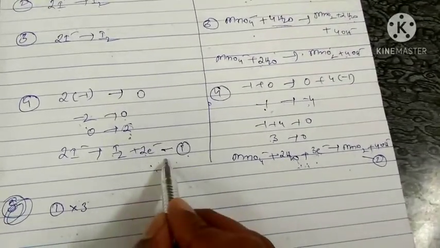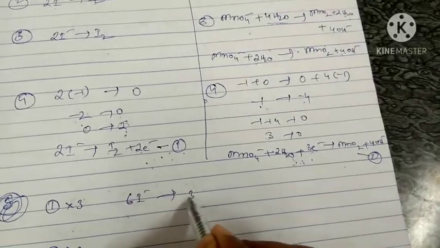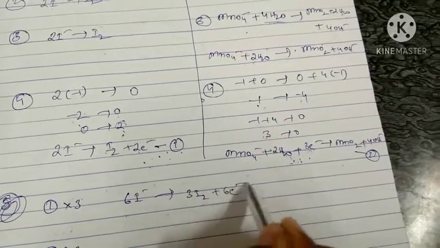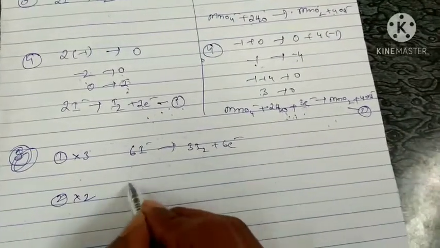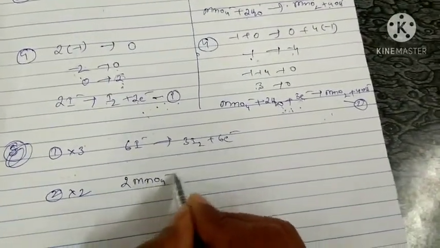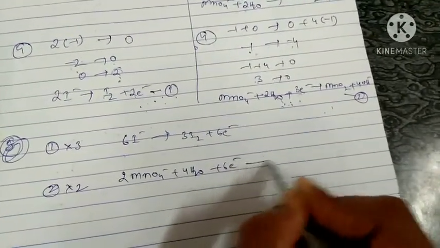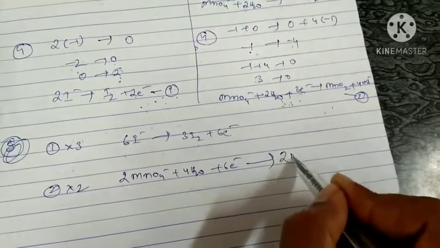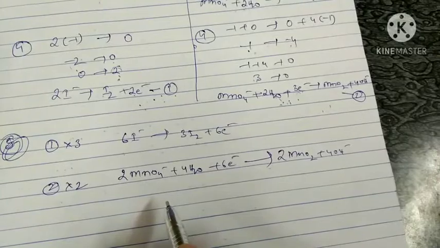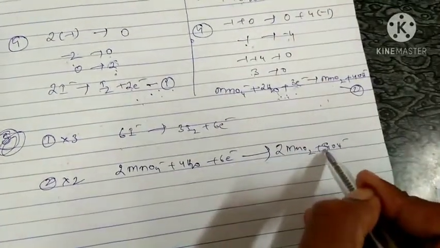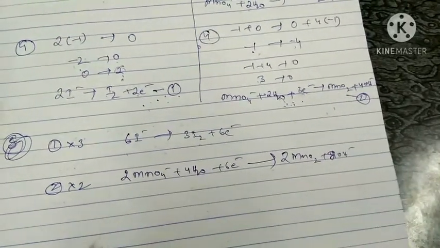If equation 1 is multiplied by 3, then we get 6I⁻ gives rise to 3I₂ plus 6 electrons. If equation 2 is multiplied by 2, then we get 2MnO₄⁻ plus 4H₂O plus 6 electrons gives rise to 2MnO₂ plus 8OH⁻, because 2 4s are 8.